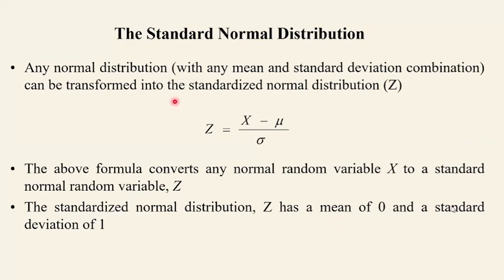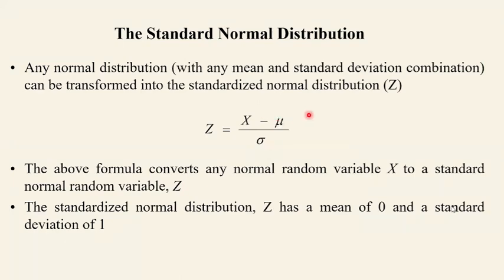Any normal distribution with any mean and standard deviation combination can be transformed into the standard normal distribution. How can we transform it? We have to use this formula: the particular random variable value minus mu, divided by sigma.